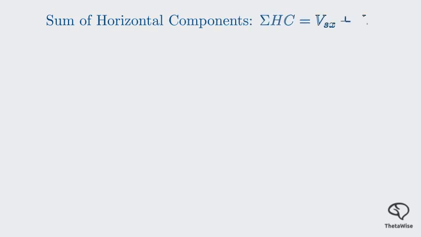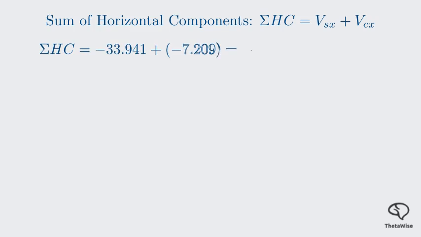Now we need to sum them up to find the resultant vector's components. The total horizontal component, which we call the sum of horizontal components, or sigma Hc, is the sum of the horizontal components of the ship and the current. That's negative 33.941 plus negative 7.209, which gives a total of negative 41.150 km/h.